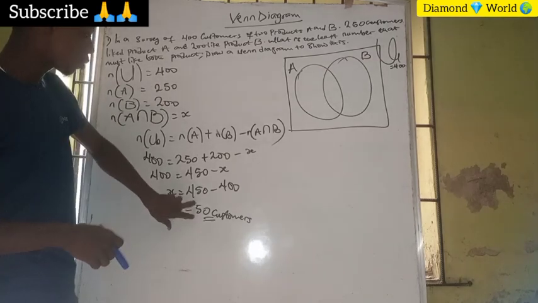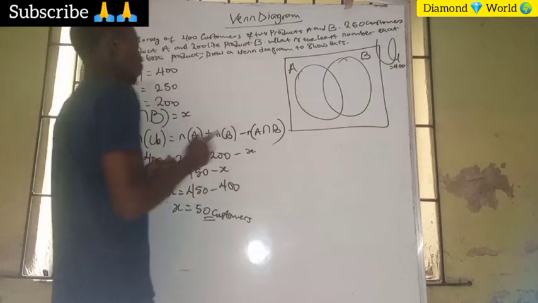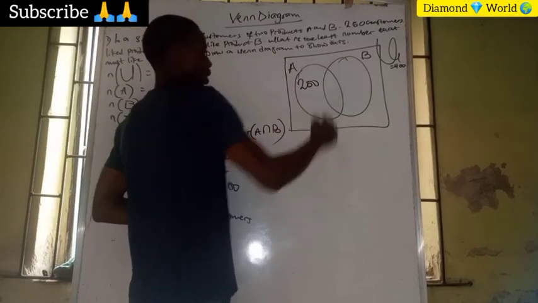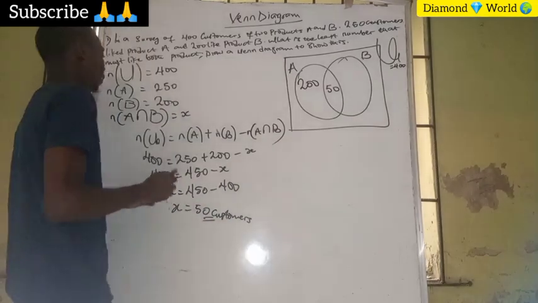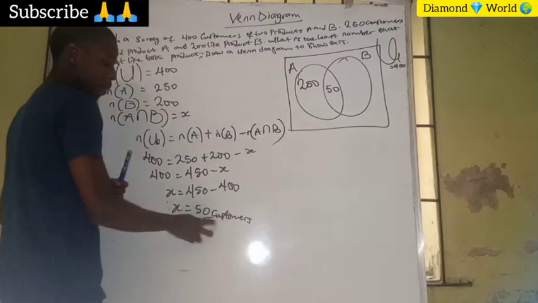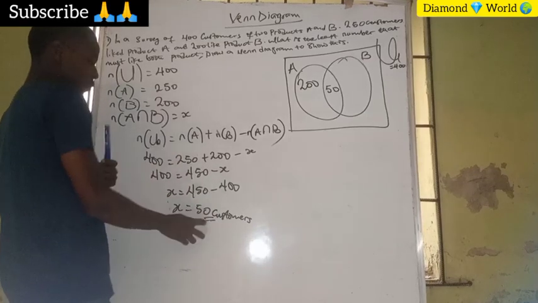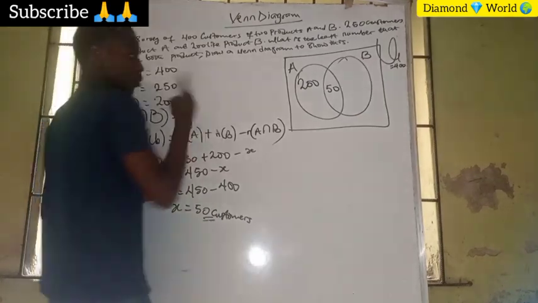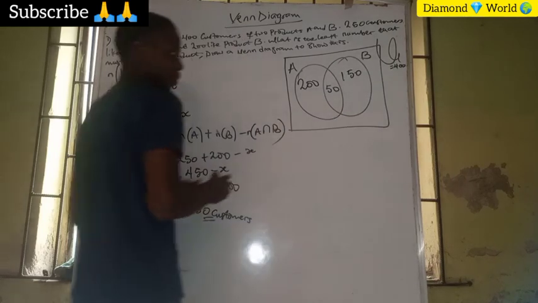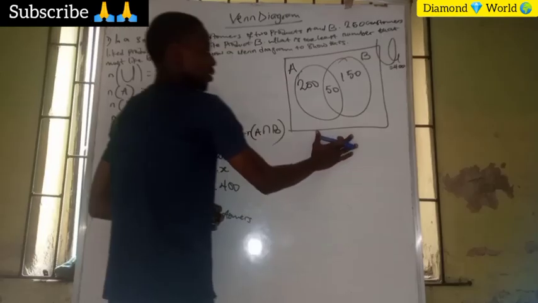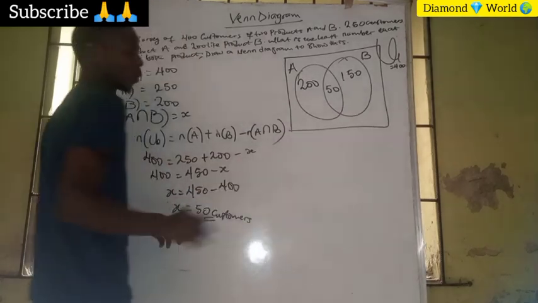That means I will minus 50 from this. I'll be having 200 left. 50 is both, which is my answer I got here. For B, I am having this 50 inside this 200. So I will minus 50 from that 200, I'll be having 150. So this is the illustration in a Venn diagram.